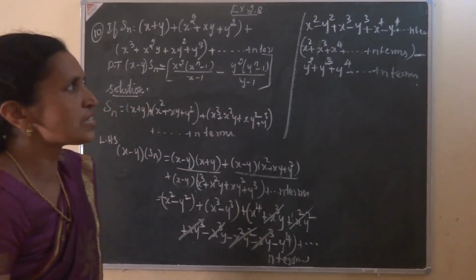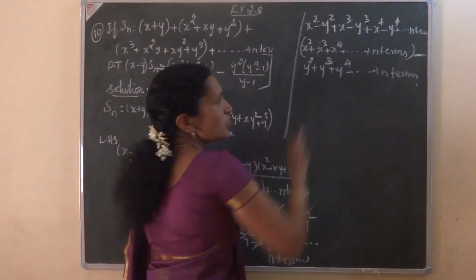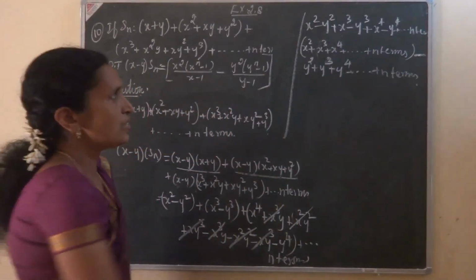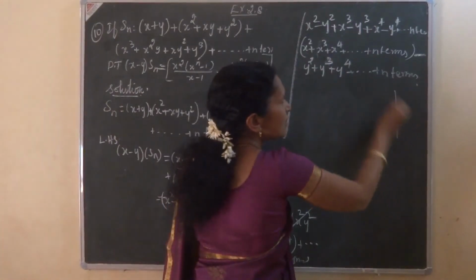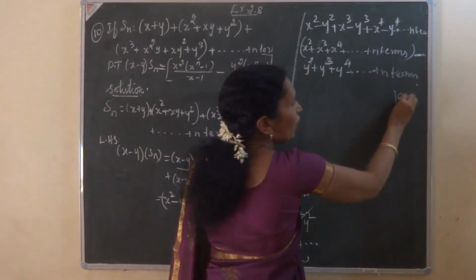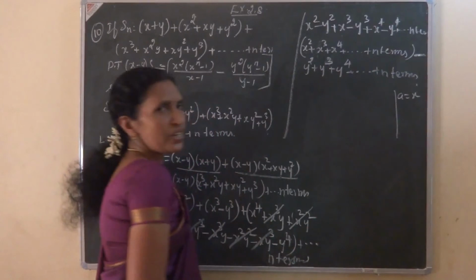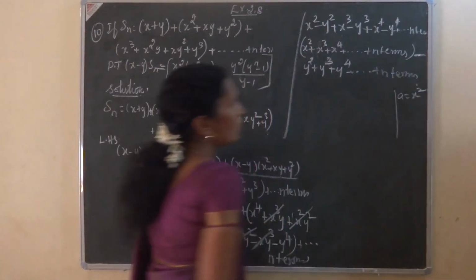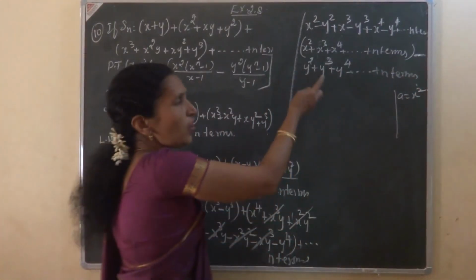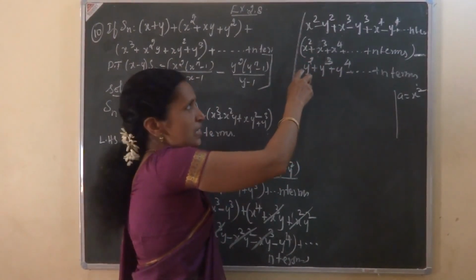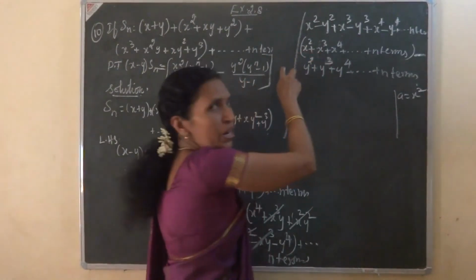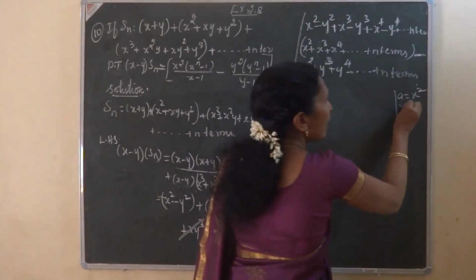Now listen students, this is in the form of a geometric series, right? Here what is the value of a in the first series? a equal to x square. What's the value of r? Second term divided by first term, that is x cube divided by x square, r equal to x.